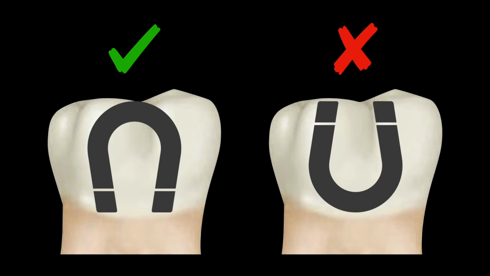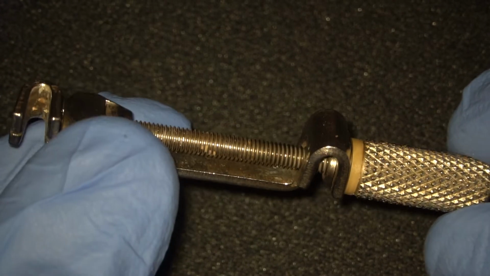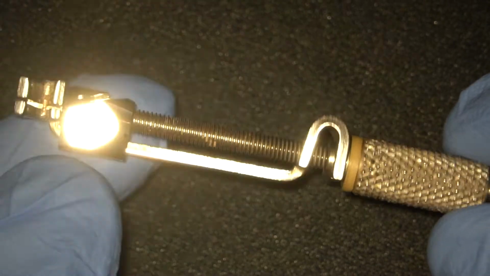If the U is facing towards occlusal or incisal, then there is a possibility that you may not have a very tight grip on the tooth and the retainer may loosen out. Before starting, see to it that the U is always facing towards the gingiva, or towards the cervical part of the tooth. So this is the Tofflemire retainer, and let's now understand what exactly is the working of the entire assembly.